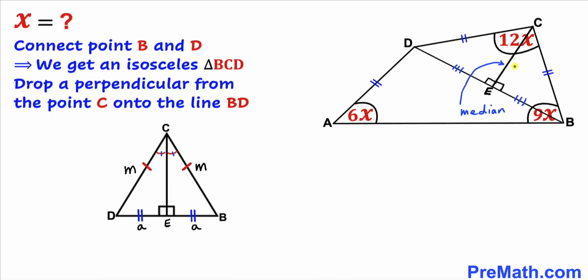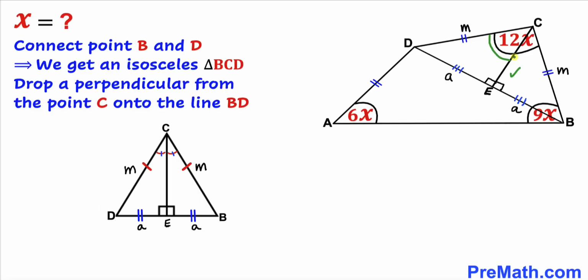So therefore we have drawn this perpendicular CE, which is our median. Let me call this side M, then this side is going to be M as well. And since these two sides are equal as well, let me label this as side A, then this is going to be A as well. Moreover, this median is going to bisect this angle into two equal parts.